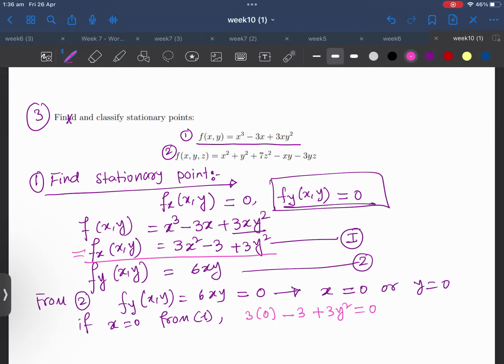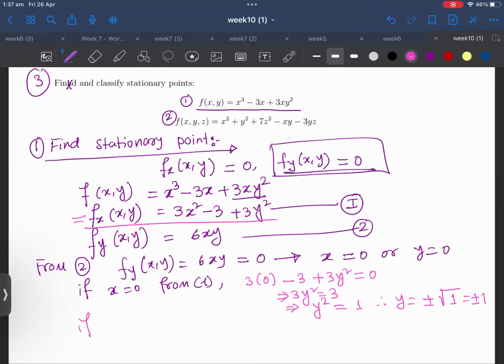So we have basically 3y squared equal to 3, so y power 2 equal to 1. So we could have plus minus square root 1, which is plus minus 1.